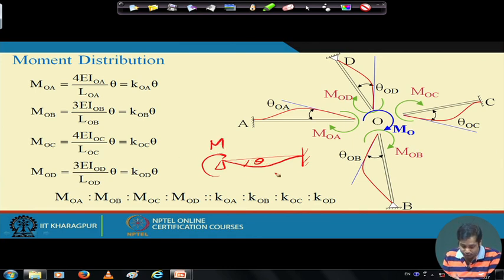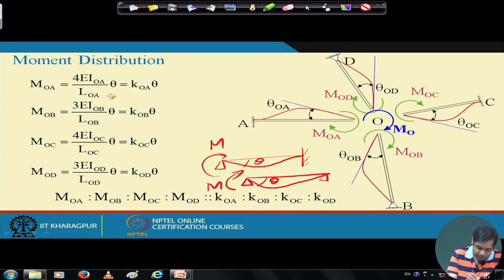Similarly, we also have seen that if both ends are hinge supports, and you apply a moment like this, and your deflection is like this, and this is theta, how this moment and this theta are related. Okay, they are related through the stiffness, and the value of stiffness for this case is this, and the value of stiffness for this case is this.